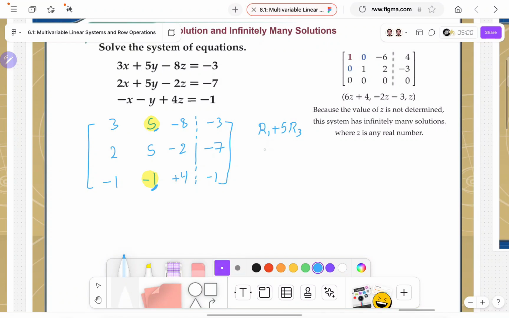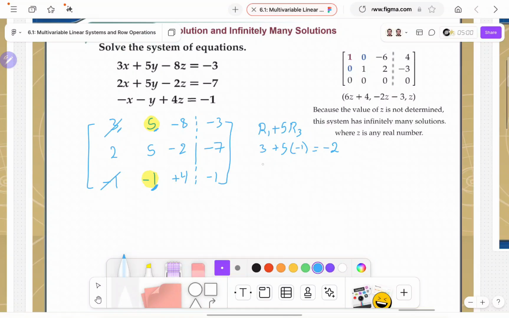Now let's apply the rule. Let's start from the first value. So row 1 is 3 plus 5 times row 3, which is negative 1. So we cancel, so we don't make the mistake. 3 plus negative 5 is negative 2.